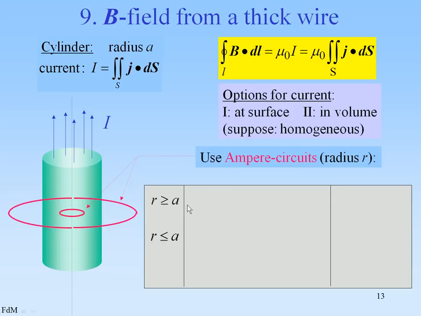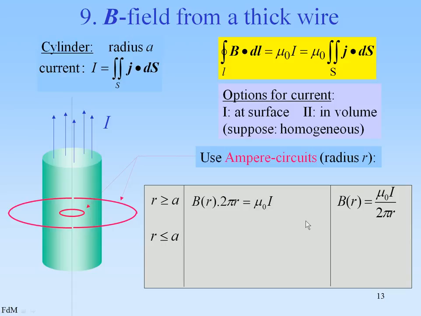When the circuit is outside the cylinder, that means that r is larger than the radius a, then Ampere's law is written here. We can integrate over 2 pi r, and this means that B(r) is mu naught I over 2 pi r, as we have seen before.